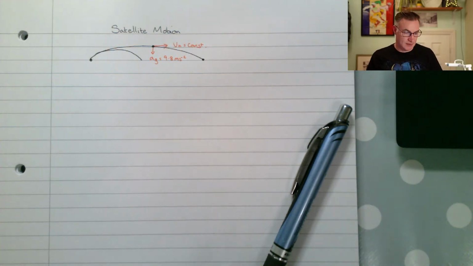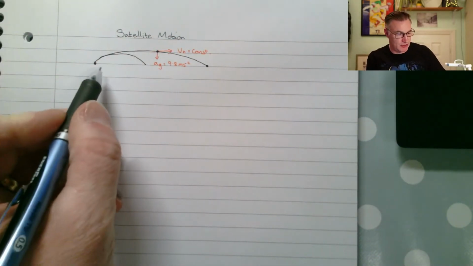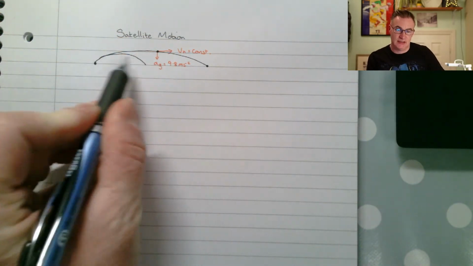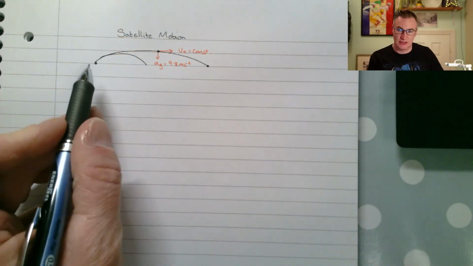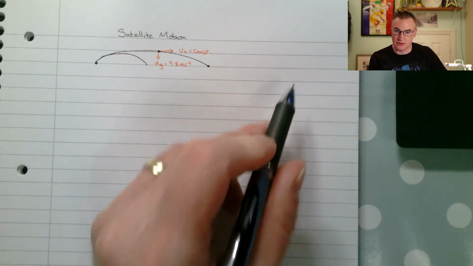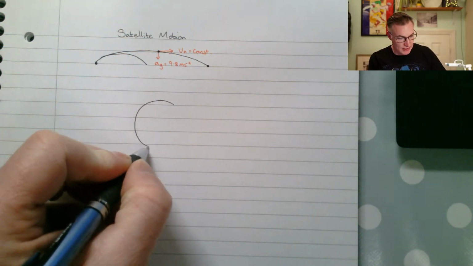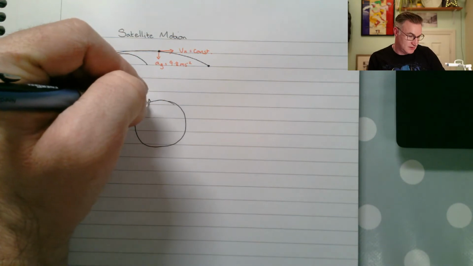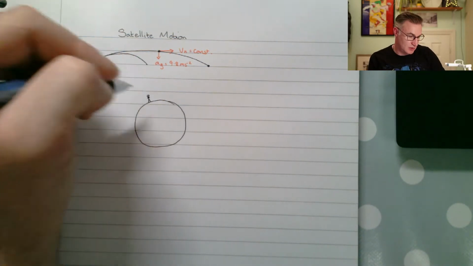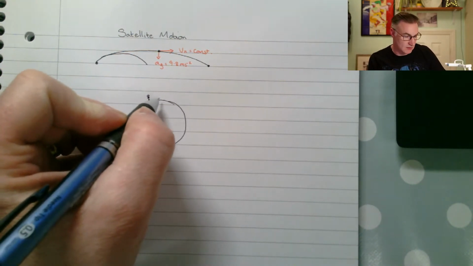Okay, so back to our thought experiment. If we threw it harder, and kept increasing the horizontal launch velocity, then, if this is us standing somewhere around here in Scotland, we'd probably be a wee bit lower.